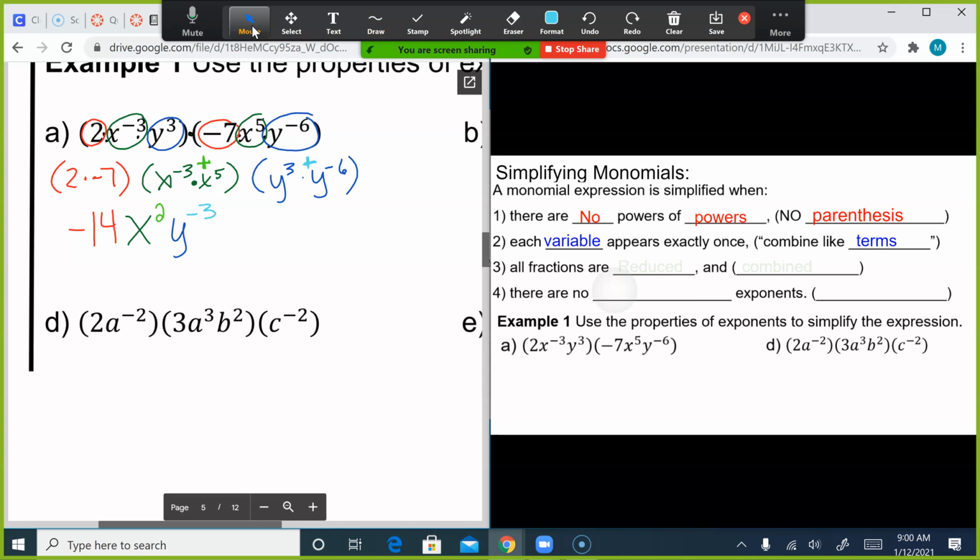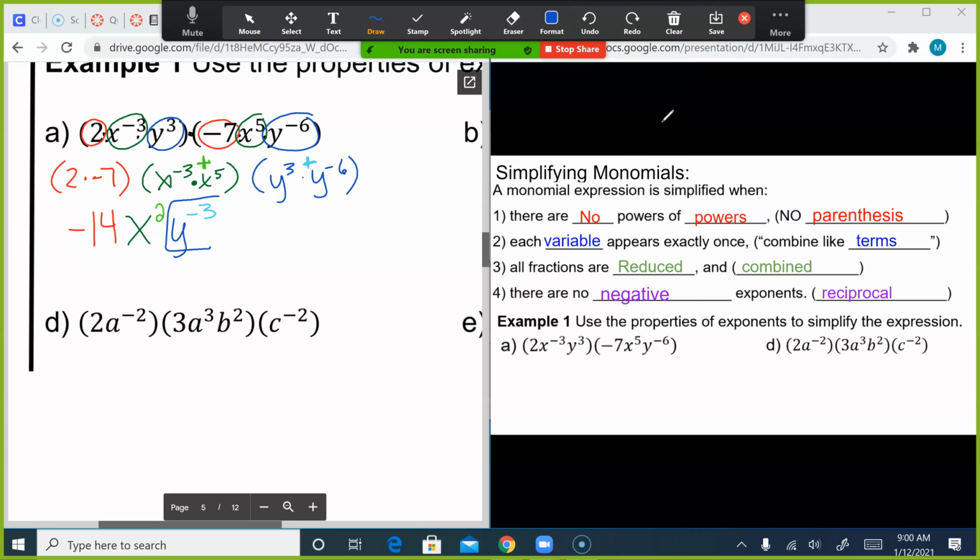And then I need to reduce fractions and make sure there's no negative exponents. So here, I don't have any fractions, so I can skip that step for now. But I do have negative exponents. The one that has the negative exponent is the y here. So -14 is not a negative exponent. -14 is just the number. So the -14 is going to stay.